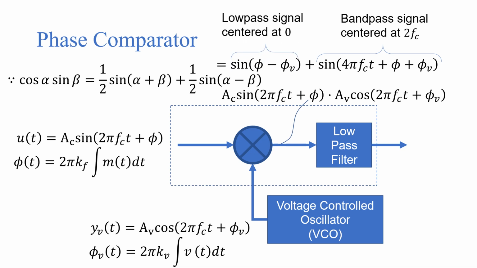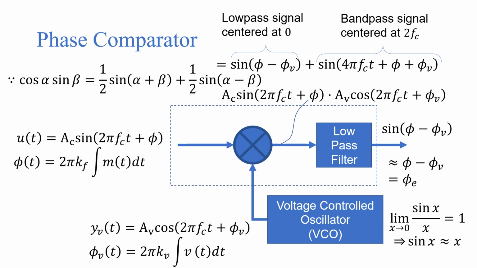A low pass filter after the mixer will stop the high frequency term, giving a sine function of phase difference. Under lock conditions, this phase difference is small. Using the limit as x approaches 0, sin x over x equals 1, the phase comparator output is proportional to the phase difference, from now onwards known as phase error.